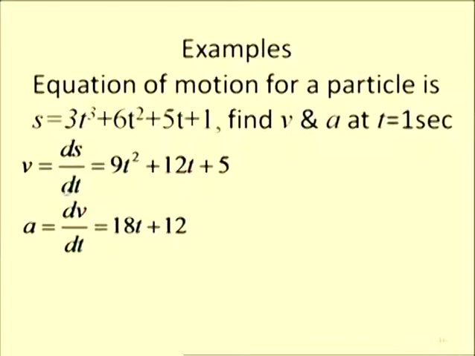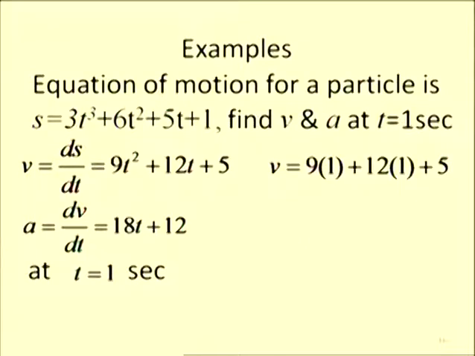Here we are interested in velocity and acceleration. So we take t is equal to 1 second here in v and a. So here if we put t is equal to 1 in v, we have 9 into 1 plus 12 into 1 plus 5 is equal to 9 plus 12, 21 plus 5 is 26 units.